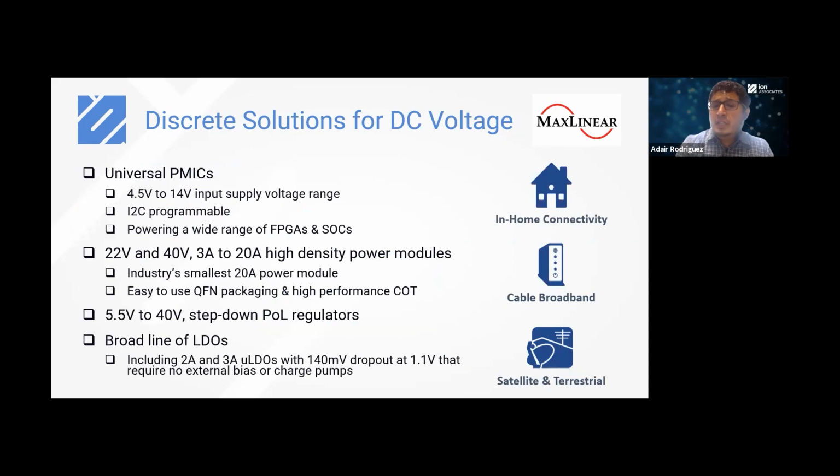Here is another view of the solution that we can offer with MaxLinear. As I told you before, we have the PMICs, the modules, which have the inductors and the discrete components inside the package, or a more discrete solution, the DC to DC converters. And as a complementary solution, the LDOs for low power systems.